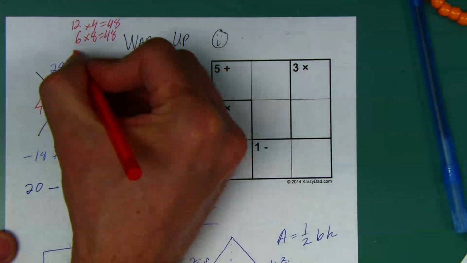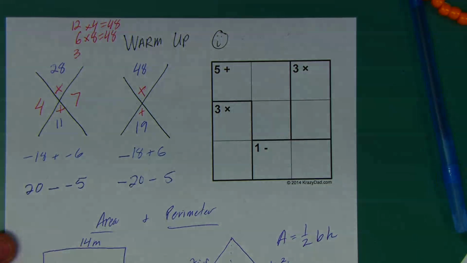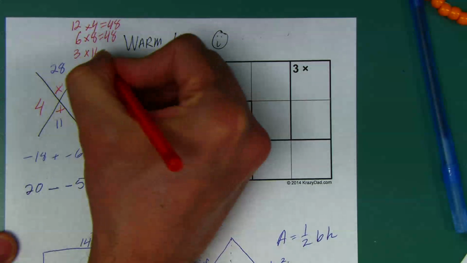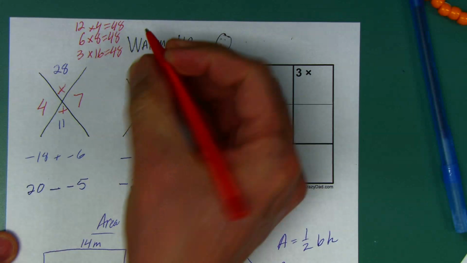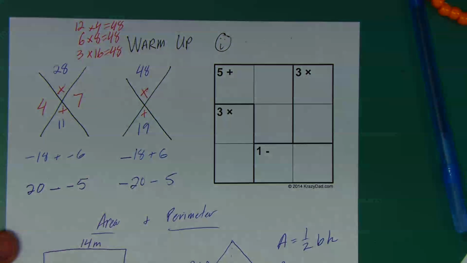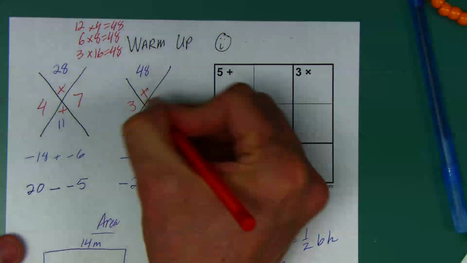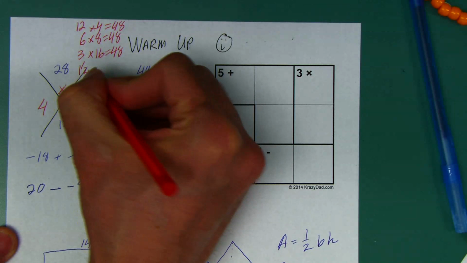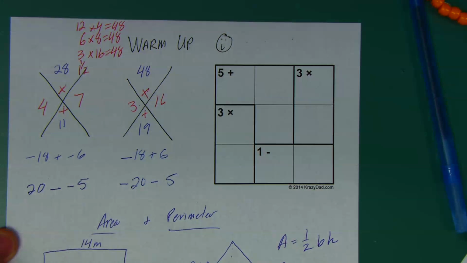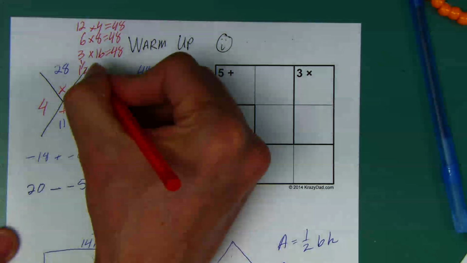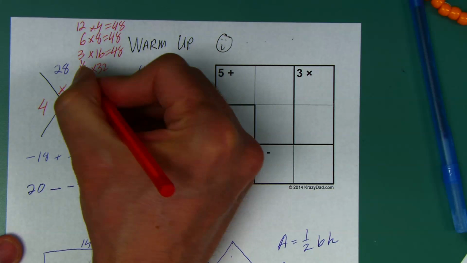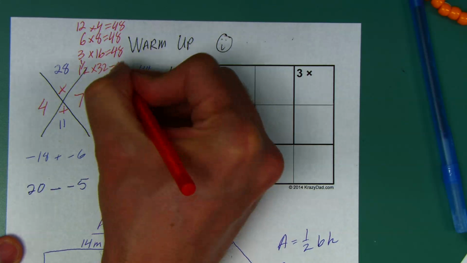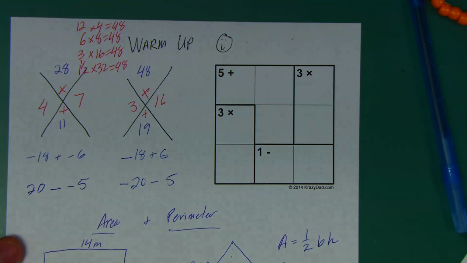If I take half of 6 and I double the 8, I will get the same product. And 3 plus 16 ends up working there, right? And again, that'll work forever. What's half of 3? 1 and 1/2, right? If I do 1 1/2 and then double 16, get 32. 1 1/2 times 32 will also be 48.